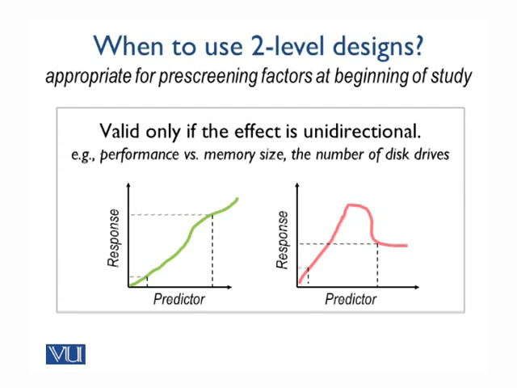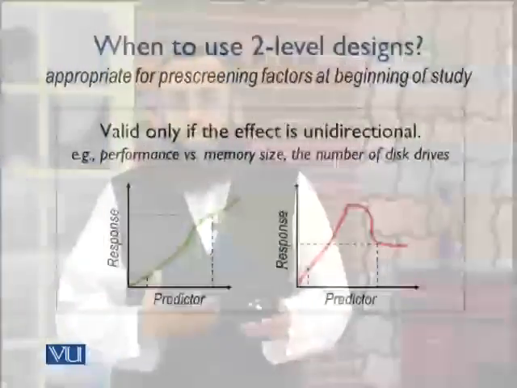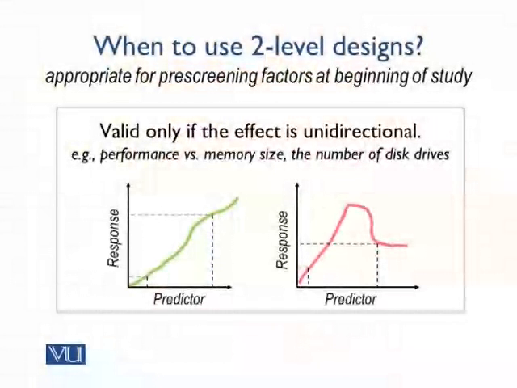Beyond a certain point, you have a knee of the graph, and beyond that, the response is actually going down. So there is no clear-cut way the effect is operating. It's not that if you keep on increasing this effect, you would also have an increase in the other variable. Beyond a certain point, this relationship in the case of the second graph is reversing. So it is in the first case where two-level design is most appropriate.